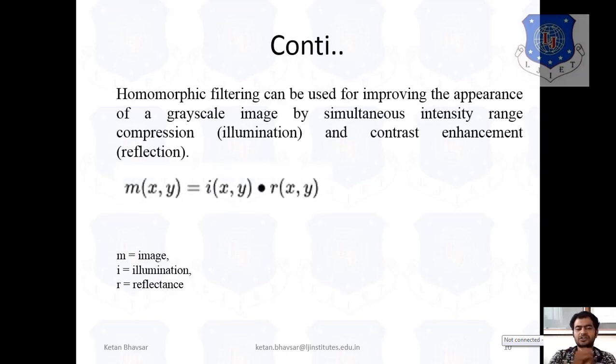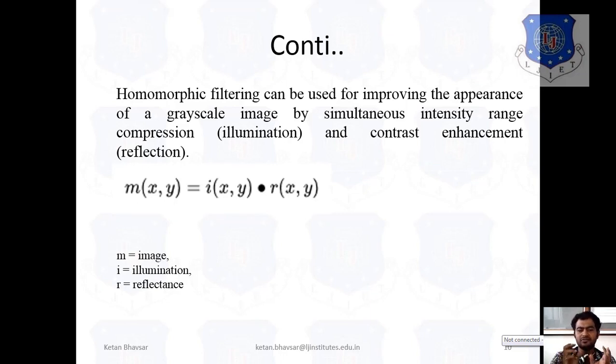As you can see the equation of the homomorphic filter, the homomorphic filter can be used for improving the appearance of a grayscale image by simultaneous intensity range compression and contrast enhancement. So with the help of this particular filter, we try to improve the quality of the image. Definitely we can improve the intensity level, and we also try to improve the contrast level.